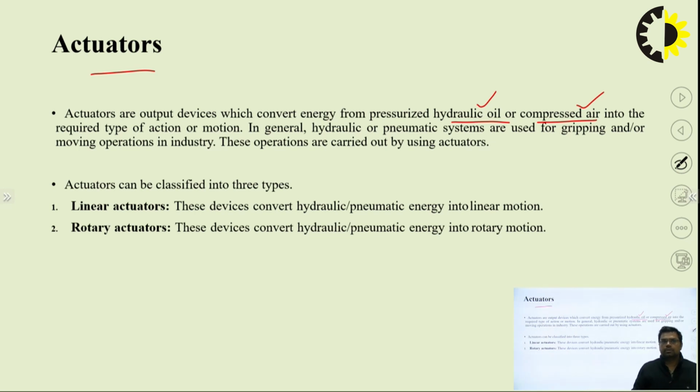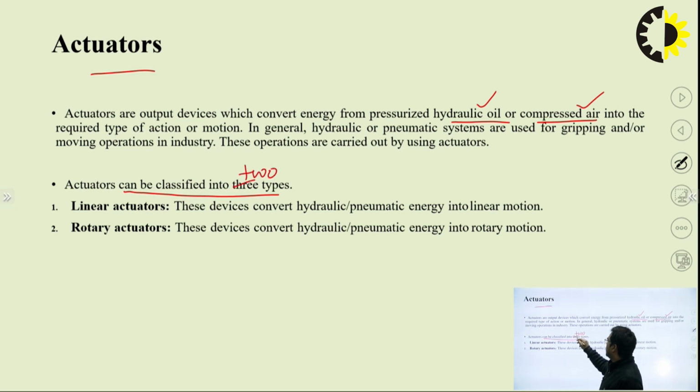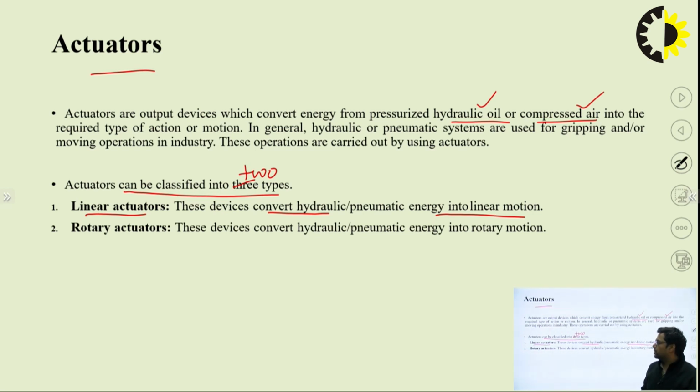Based upon the movement of action, actuators are classified into three types, or you can broadly classify them into two types. The first is linear actuators, devices that convert hydraulic or pneumatic energy into linear motion, where linear motion is required.